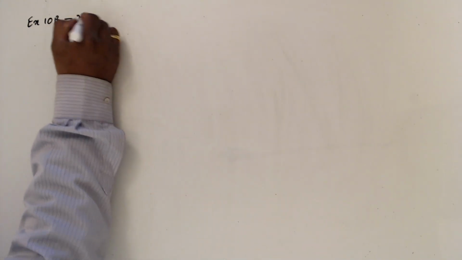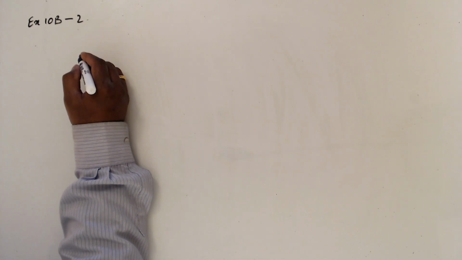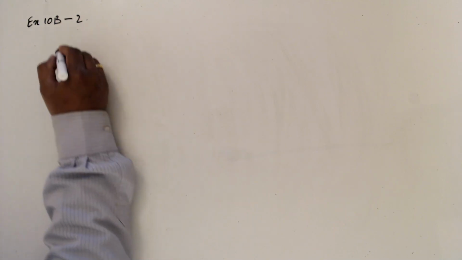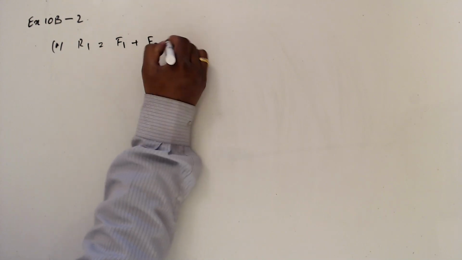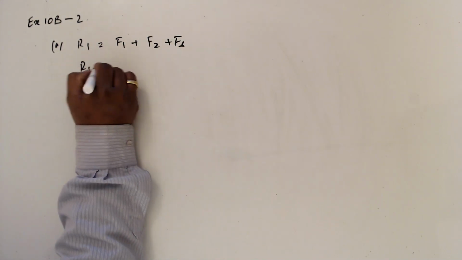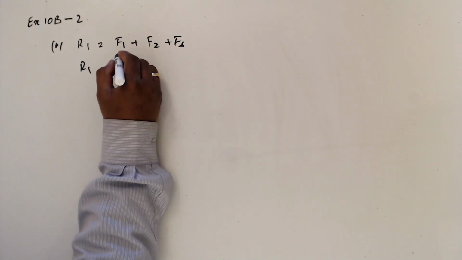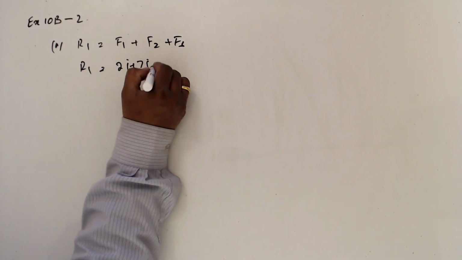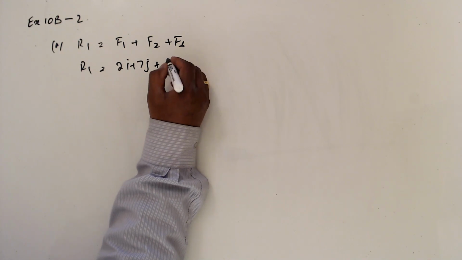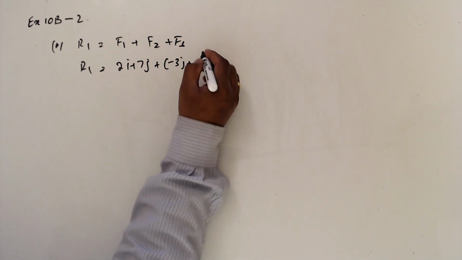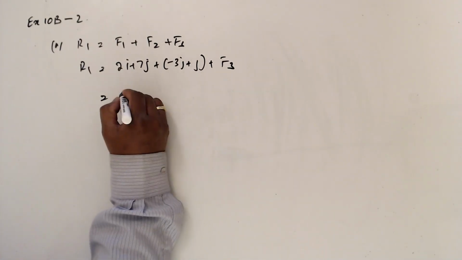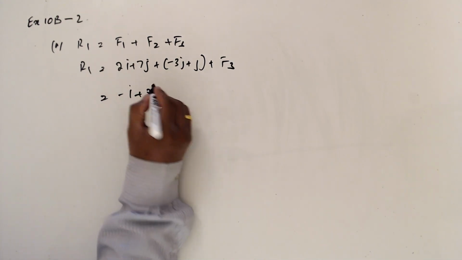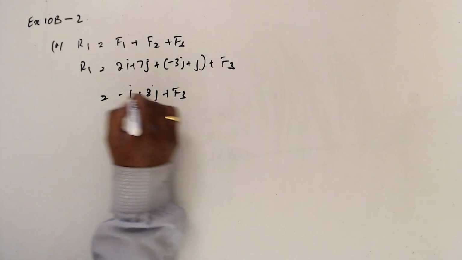Question number 2. An object is in equilibrium under the action of F1, F2, F3, and R is F1 plus F2 plus F3. F1 is 2i plus 7j, F2 is minus 3i plus j, and F3 is minus i plus j.